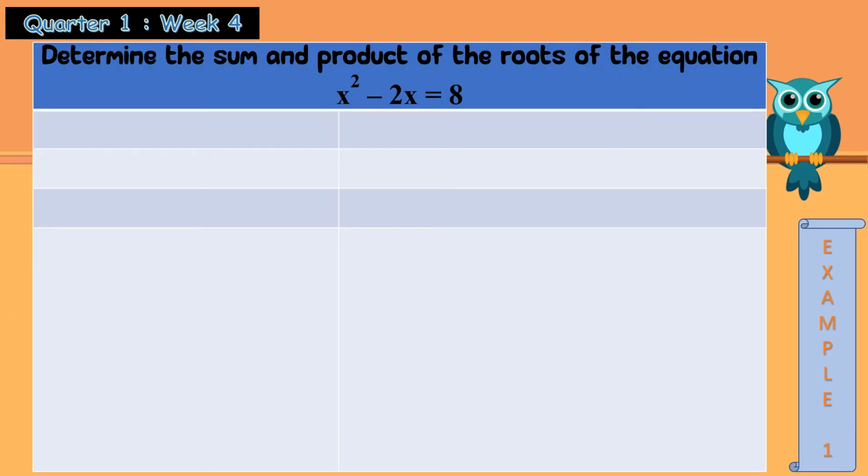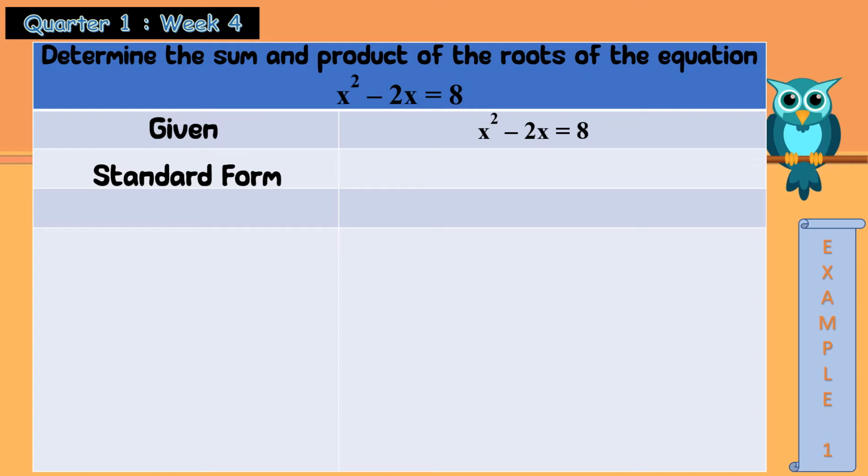So let us have the following example. Let us determine the sum and product of the roots of the equation x squared minus 2x is equal to 8. So write the given quadratic equation. The first step whenever we determine the sum and product of the roots of a given quadratic equation is to write the given quadratic equation to its standard form.